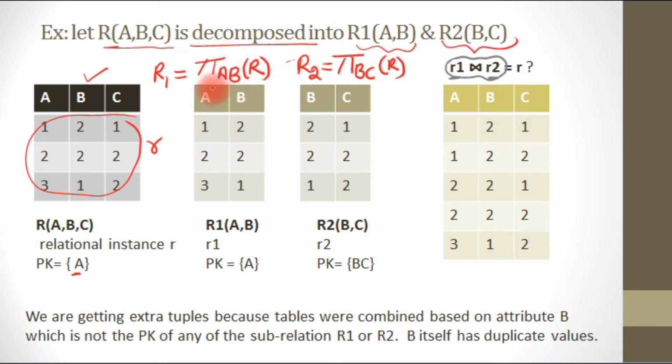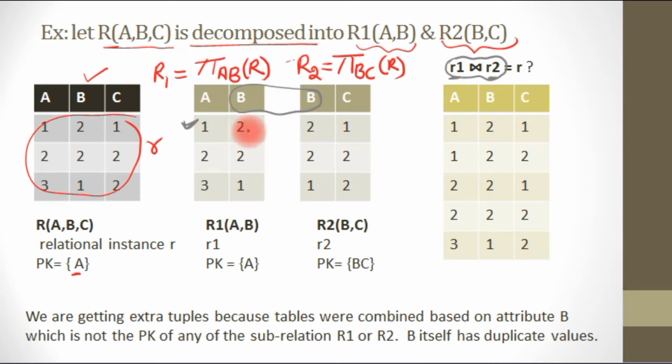In the relations R1 and R2, the common attribute is B. Then how will the join be performed here? Every tuple will be combined with those tuples in the other relation where the value of B is the same.